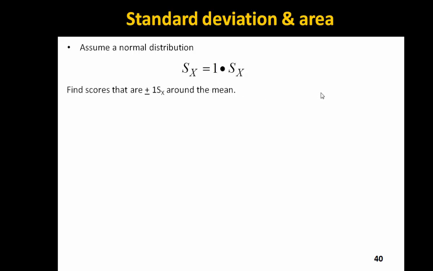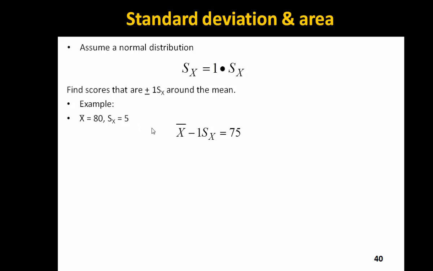If we wish to find the scores that are plus minus 1 standard deviation about the mean, we'll go with the example we've been working with so far. In our sample, we have a sample average of 80 years and a standard deviation of 5 years.